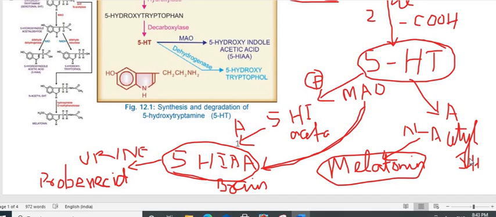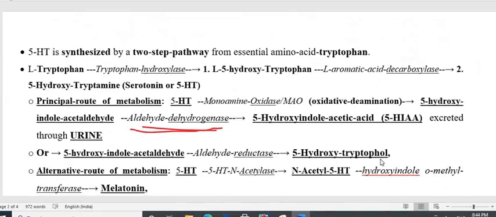The name of the enzyme is hydroxyindole O-methyltransferase, and therefore this forms the hormone melatonin, the sleep and wake up cycle hormone.